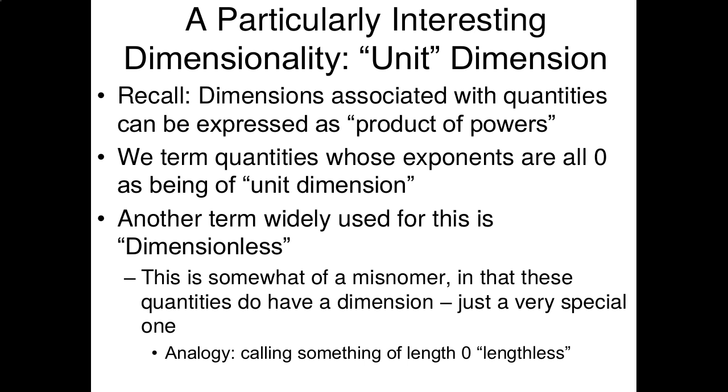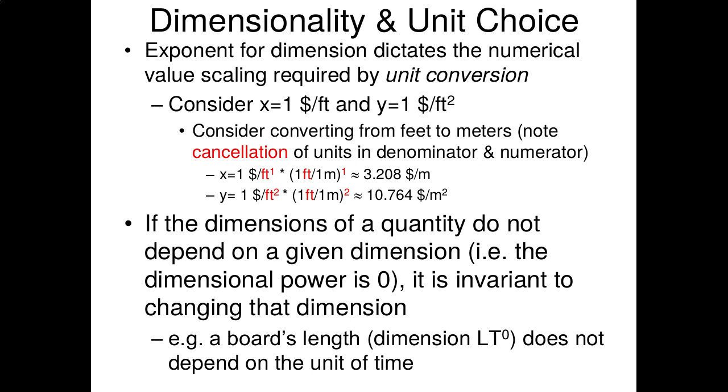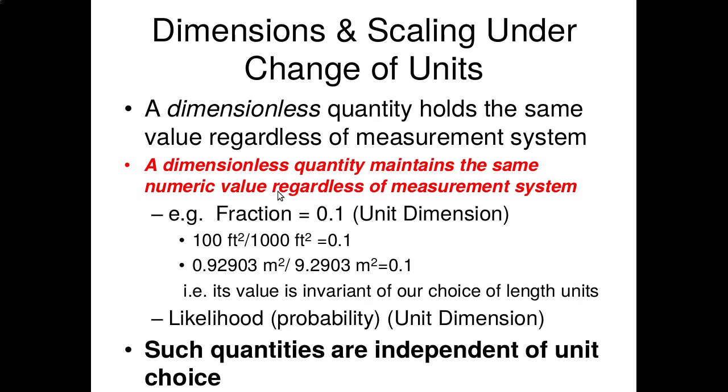We must be able to characterize them using purely dimensionless quantities. Okay. So let's talk a little bit about this. We had noted before that the dimension associated with a number within a dimensional product, like dollars times feet to the -2, those numbers in the exponents dictate by what constant you need to multiply them when you change dimensions.